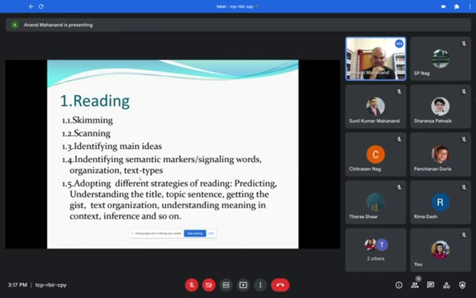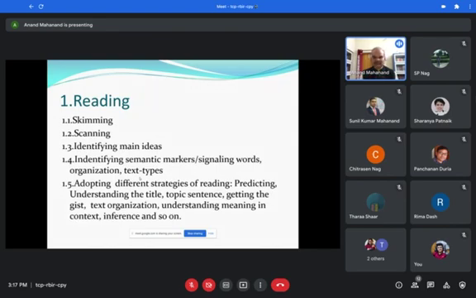If you understand the title, you have understood half of the text. Half of the job is done. Understand? So understanding the title, reflecting on the title is very, very important.